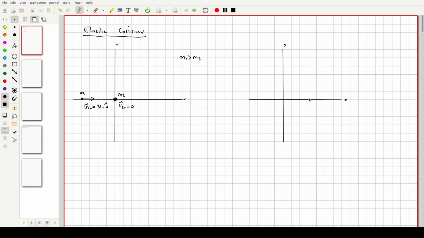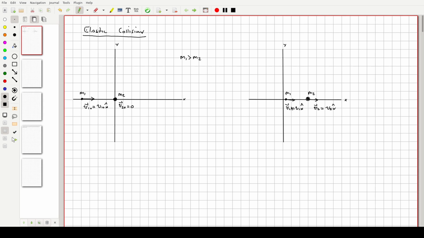So in this particular example, we have m2 traveling to the right with a velocity of v2, but we also expect to see m1, because its mass is greater, traveling to the right as well with a velocity of v1.